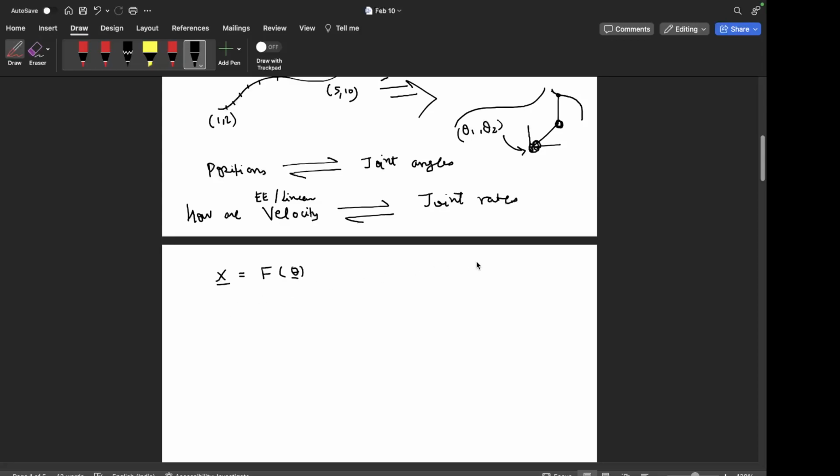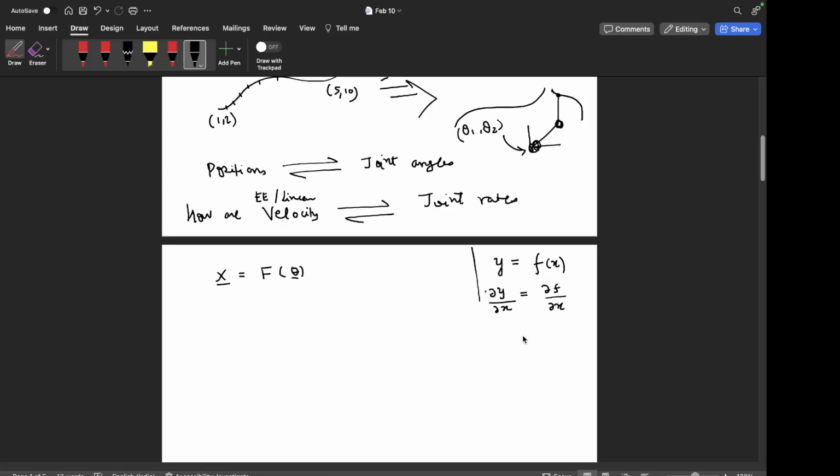From general maths, if we have, let's say, y as a function of x, and we want to relate how much y changes if I make a small change in x, then what do we do? We take del y by del x, which is del f by del x in this case.